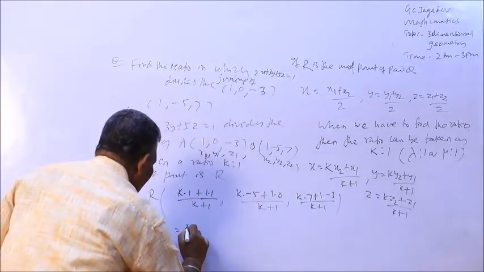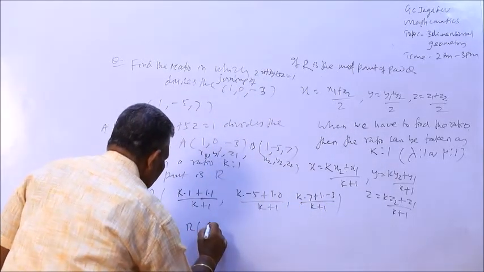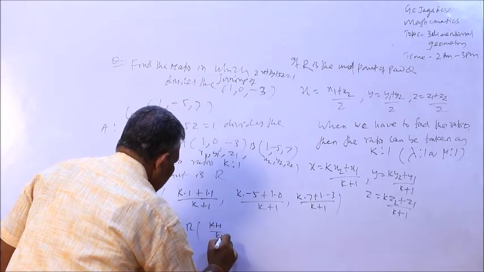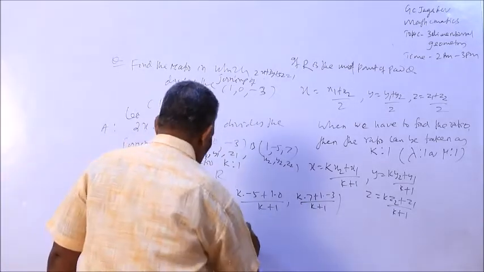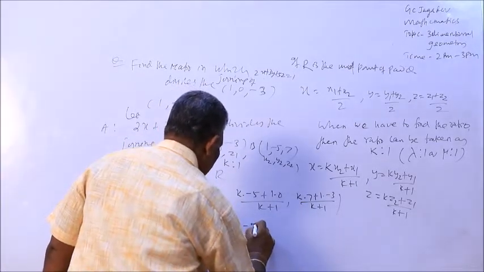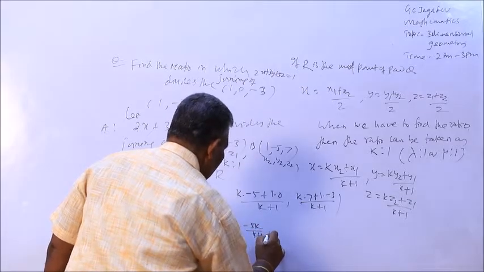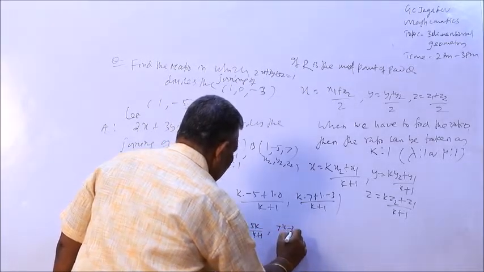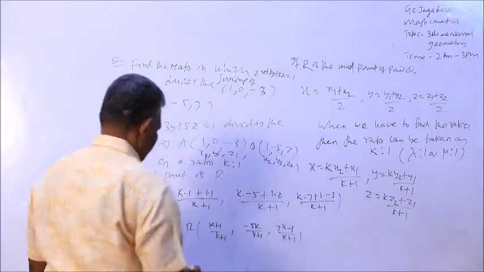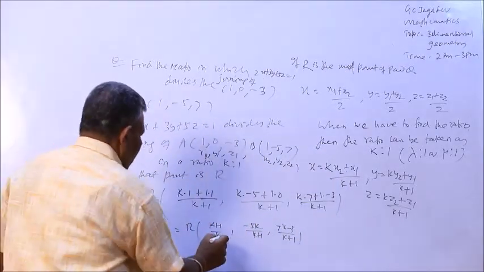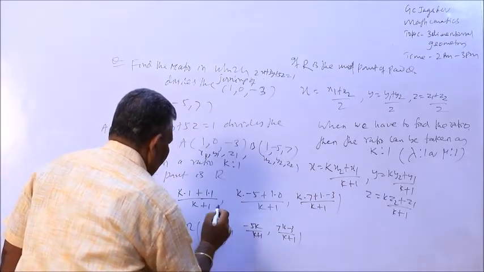That is, R coordinates are k plus 1 by k plus 1, minus 5k by k plus 1, and 7k minus 3 by k plus 1, or you can take the first quantity as 1.